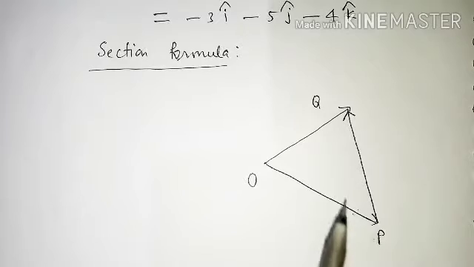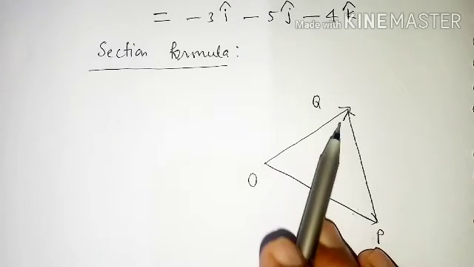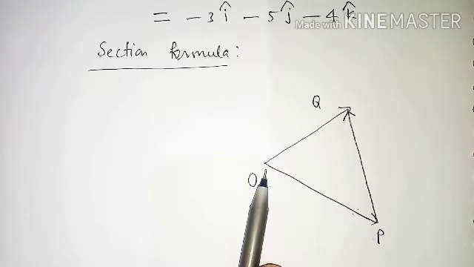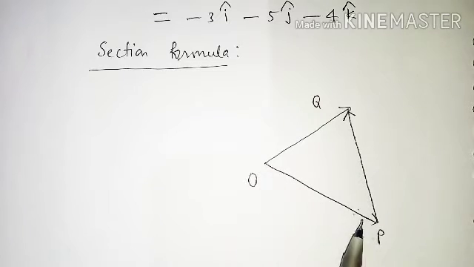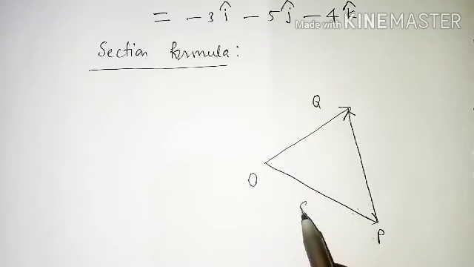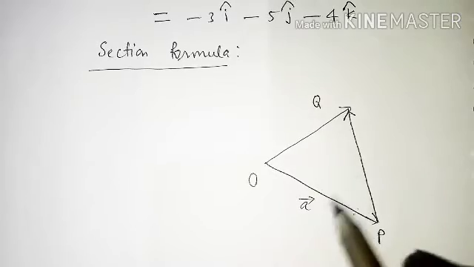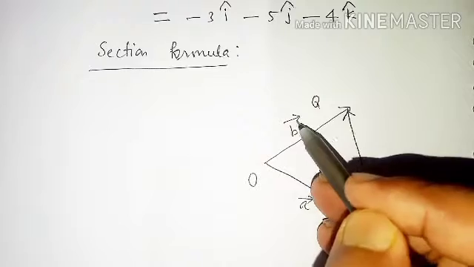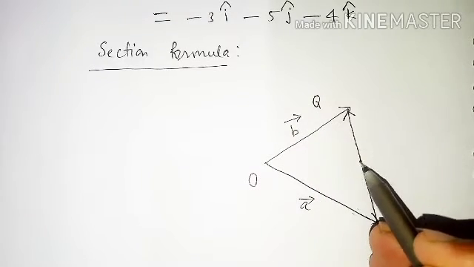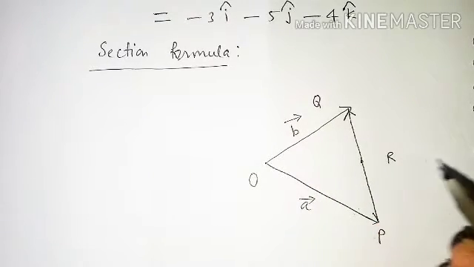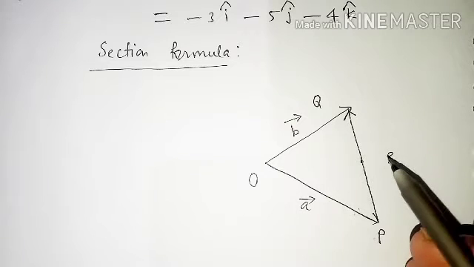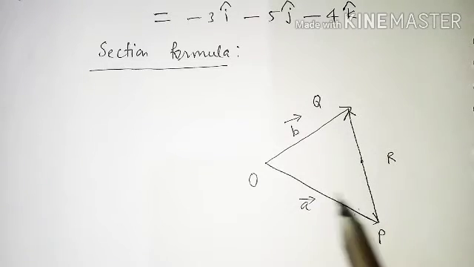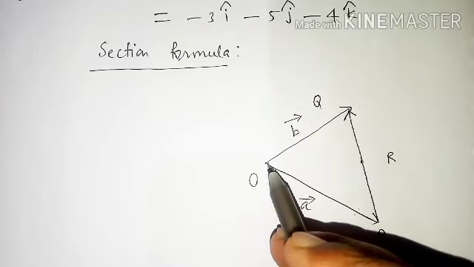Now section formula. Suppose there are two points P and Q. With respect to origin O, the position vector of P is vector OP, which is vector A, and that of vector OQ is vector B. Now a point R divides PQ in two ways, either internally or externally.